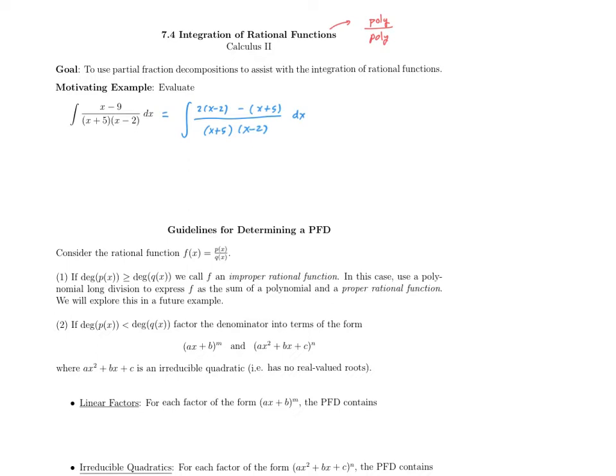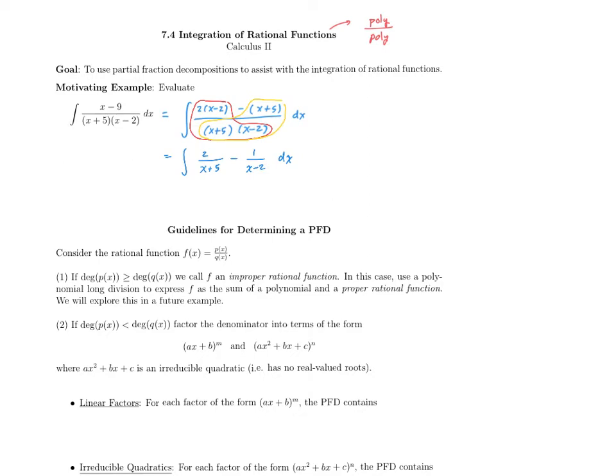The first term is 2(x - 2) divided by the denominator, and those x - 2's very conveniently cancel and leave us with 2 over x + 5. Then we'll be subtracting away a second fraction, which is (x + 5) divided by the denominator. In that case, the x + 5's very conveniently cancel.